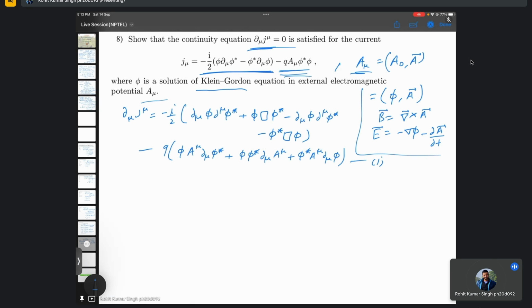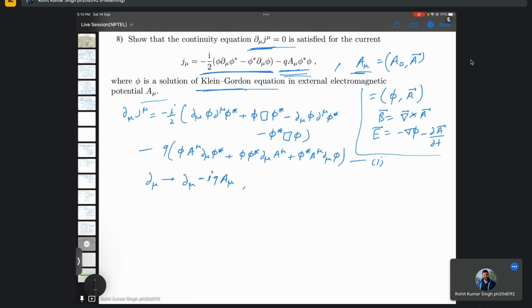Now, how to modify the Klein-Gordon equation for electromagnetic potential A mu? This is done by transforming the derivative like this for the Klein-Gordon equation.